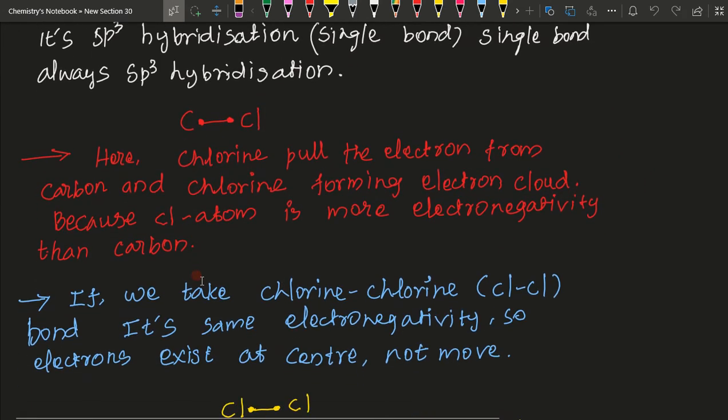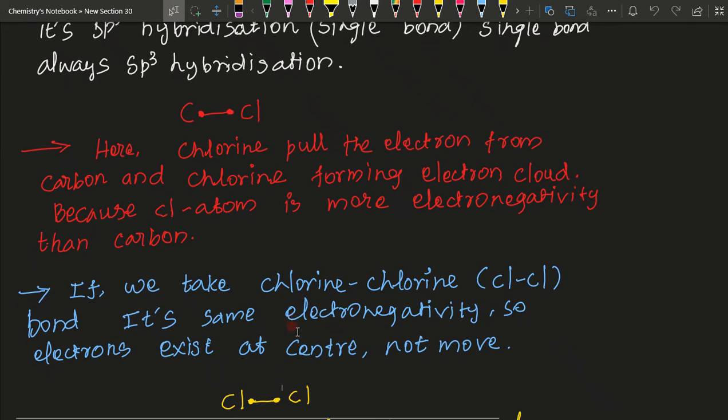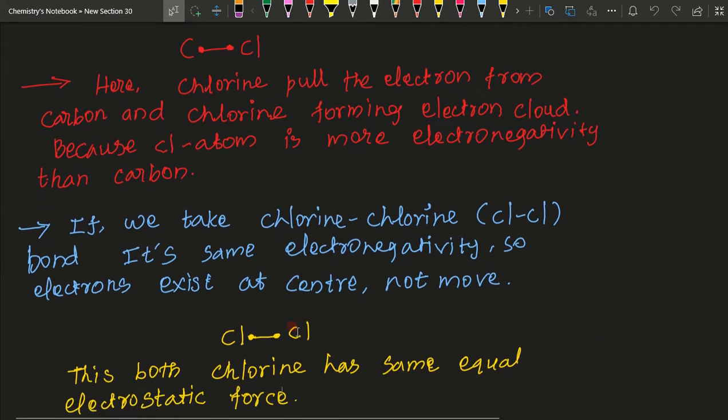See, if we take a chlorine molecule, it has the same electronegativity, so the electron exists at the center, there is no movement.